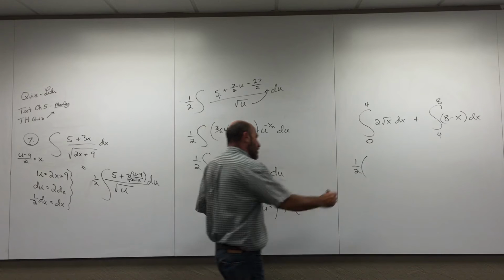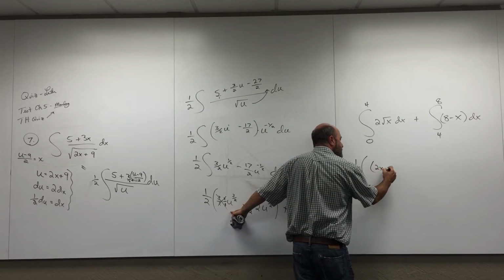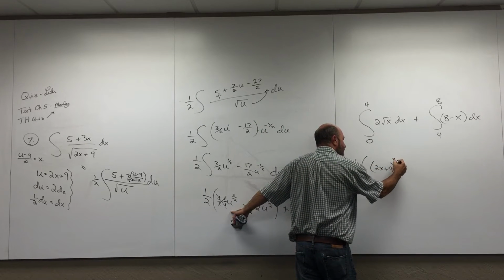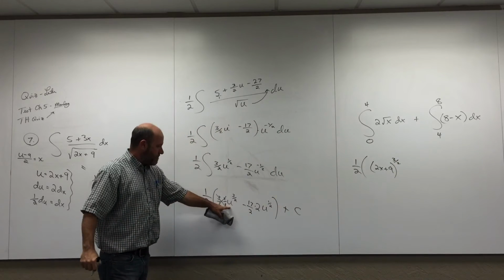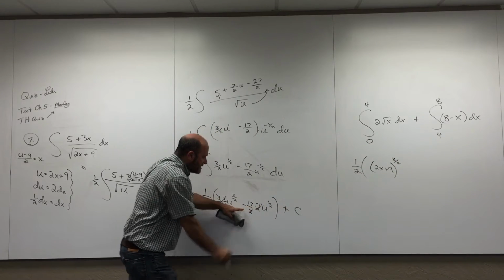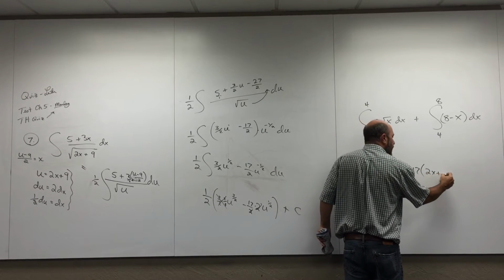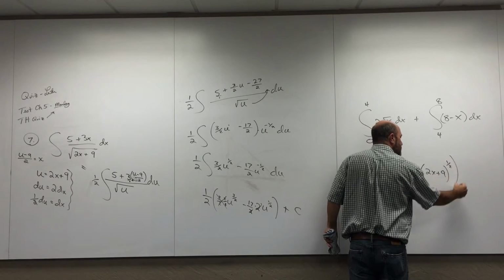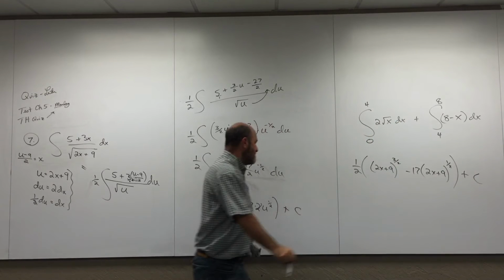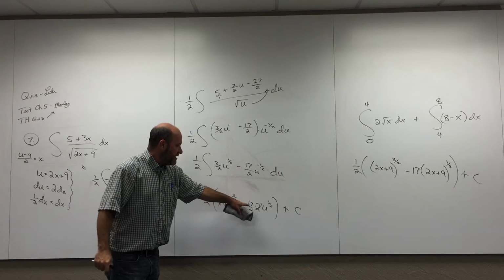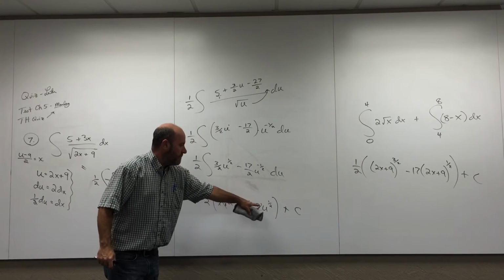Yeah, you're right. So here we go. That's 2x plus 9 to the 3/2. This cancels. This is -17, and it is my u to the 1/2. Oh, -17. The 2's canceled.